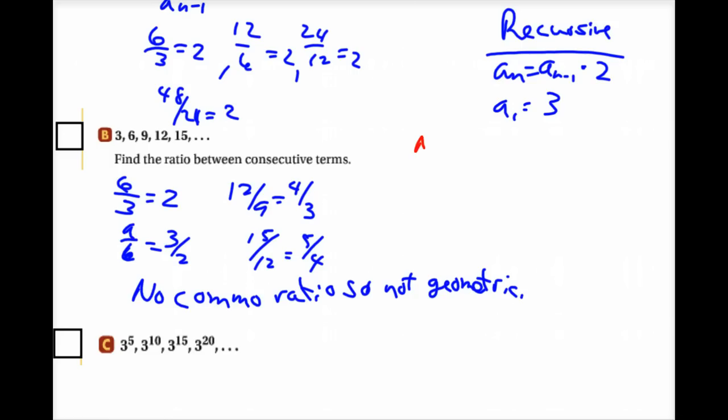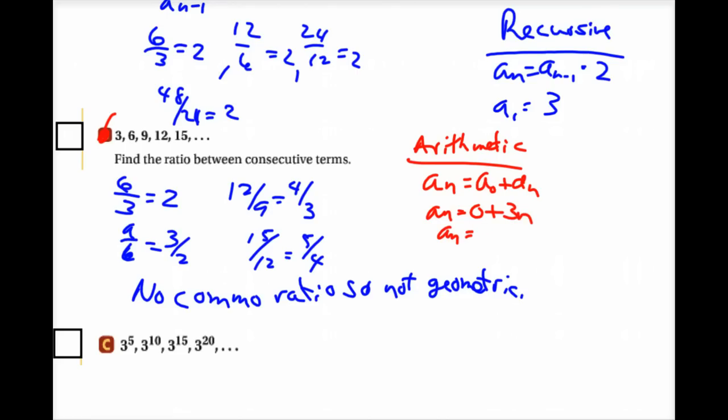And just a reminder for arithmetic: a sub n equals a sub 0 plus dn. Well, a0 is 0. That's where it would be in this B spot right here. That'd be 0 because I have to go 3 left, and it'd be plus 3n. So it'd be a sub n equals 3n, and that's the explicit arithmetic.